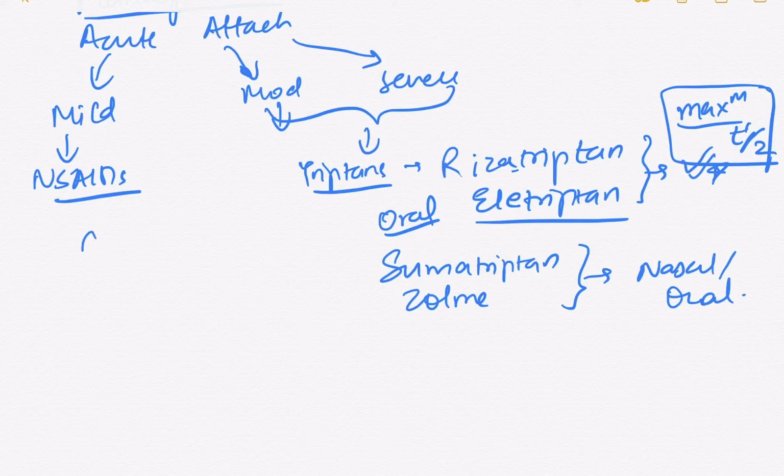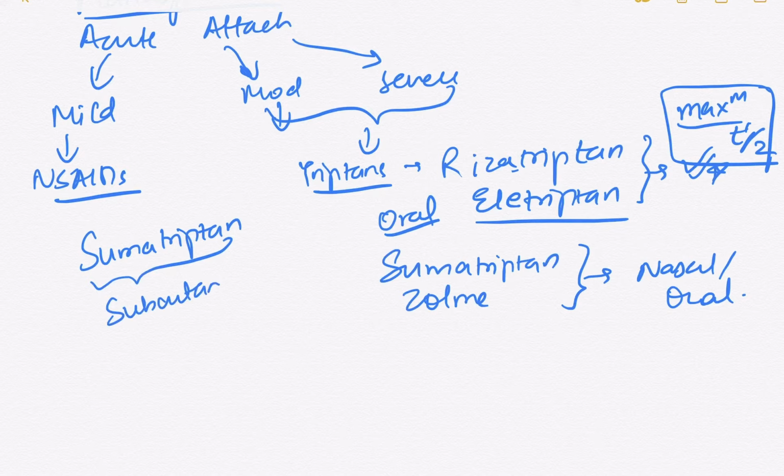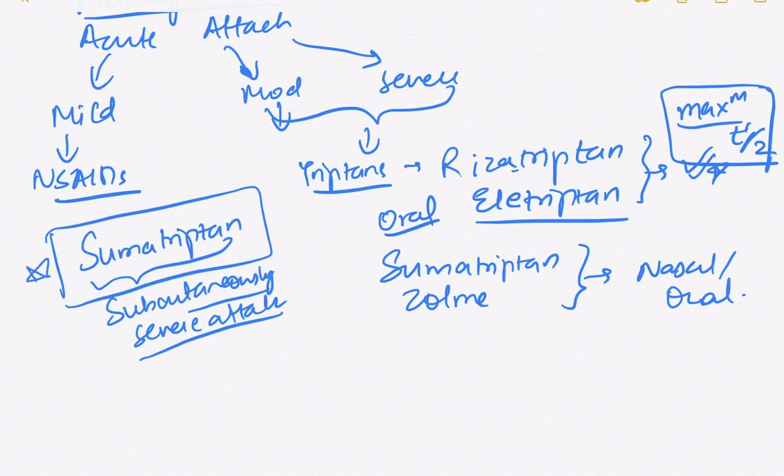And you need to remember sumatriptan can be given subcutaneously in a severe attack. Okay, so if a patient is having a very severe attack and you need immediate relief, then you can give subcutaneous sumatriptan. Okay, important, remember.